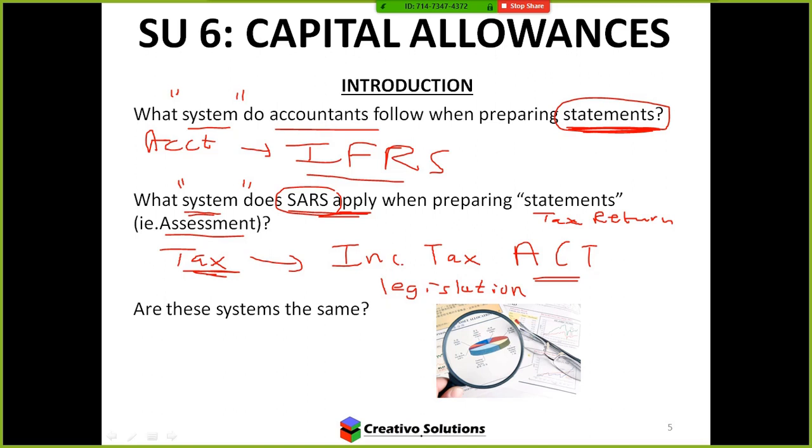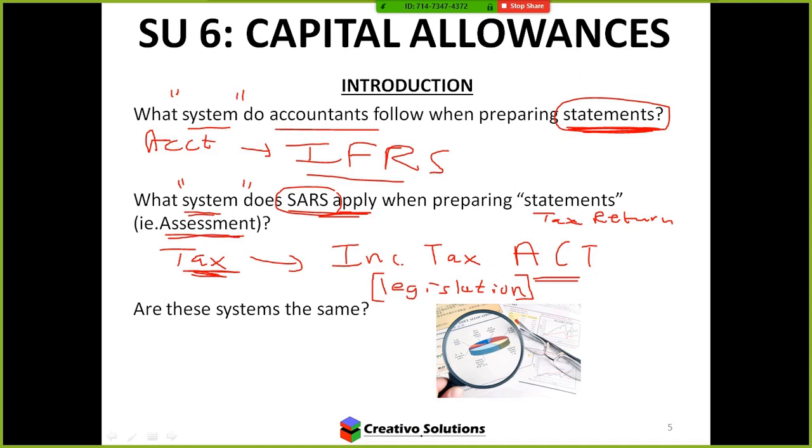If I'm looking at estate duty, transfer duty, import, export, it doesn't matter what I'm looking at. If it's tax related, I need to follow the legislation. That's why you have SARS rules and practice notes and all of those considerations when approaching the system, when determining your assessment, your tax return.